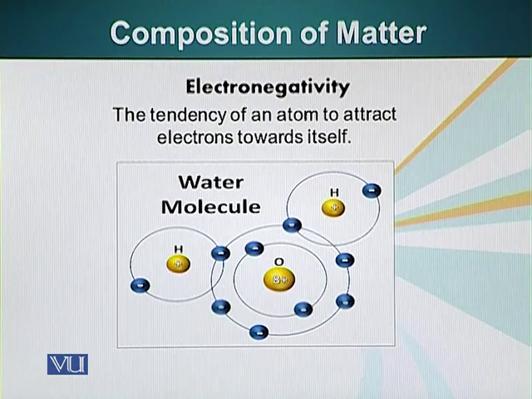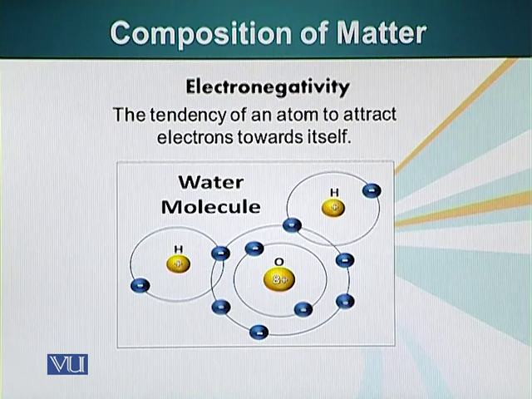Naturally, since the oxygen atom has more hold on the electrons which it is sharing with the hydrogen atom, it keeps those electrons closer to itself. We already know electrons are negatively charged, so the net result is that the oxygen atom has a slight negative charge on it, and the hydrogen atoms have a slight positive charge.